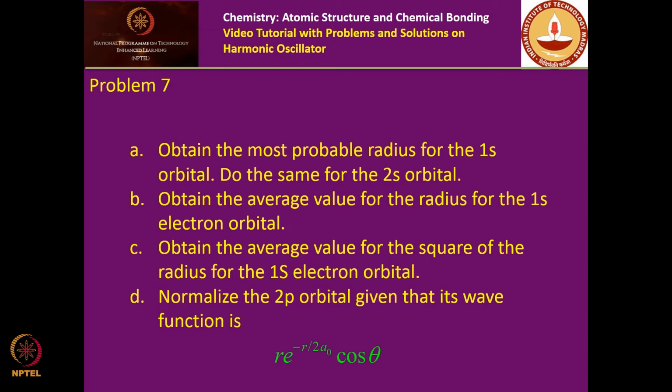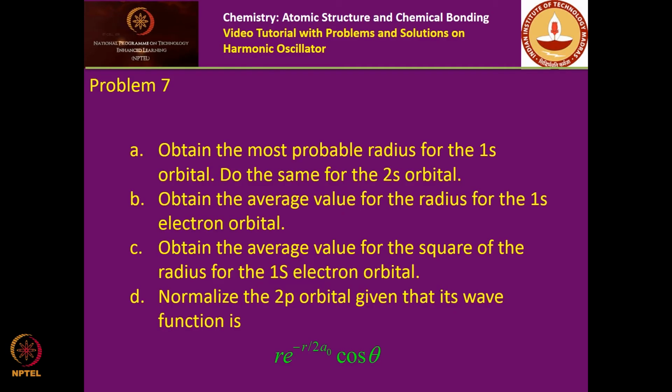The next problem is again on some of the aspects of the radial functions. The first part is to obtain the most probable radius for the 1s orbital, and also do the same calculation for the 2s orbital. The second part is the average value for the radius for the 1s electron orbital. And the third part is, of course, to get the average value of the square of the radius for the 1s electron.